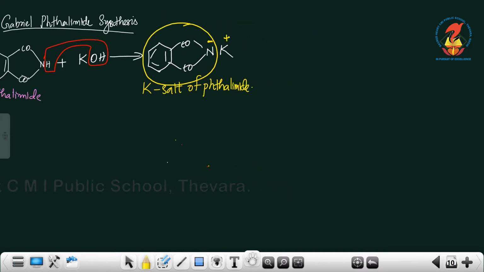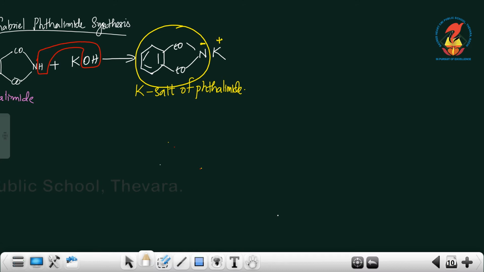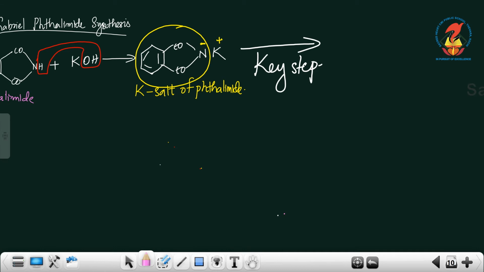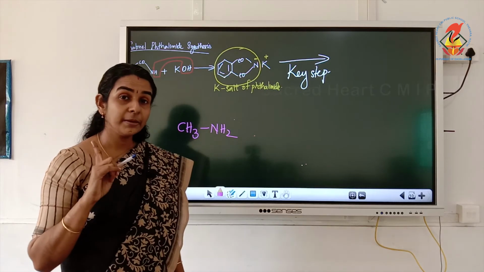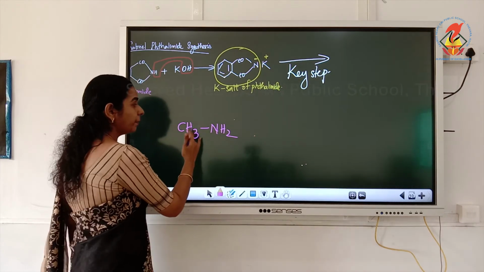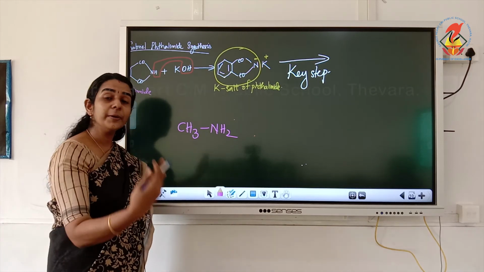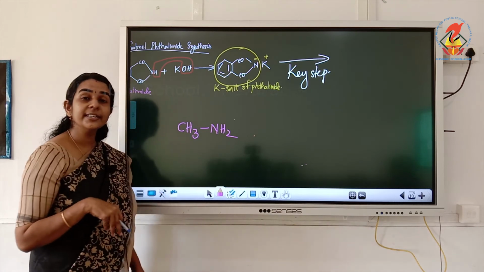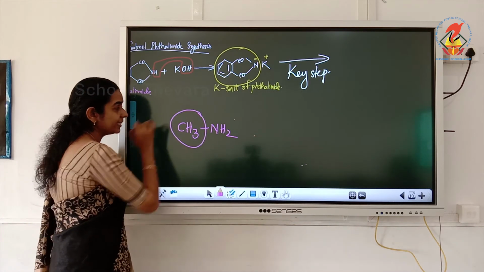Now the next step is the key step of this reaction, because the key step depends on the amine that we want to prepare. Remember, only primary amines can be prepared by Gabriel phthalimide synthesis. If we want to prepare CH3NH2, or whichever primary amine we want to prepare, see the alkyl group present in the amine. Here the alkyl group present is the methyl group.